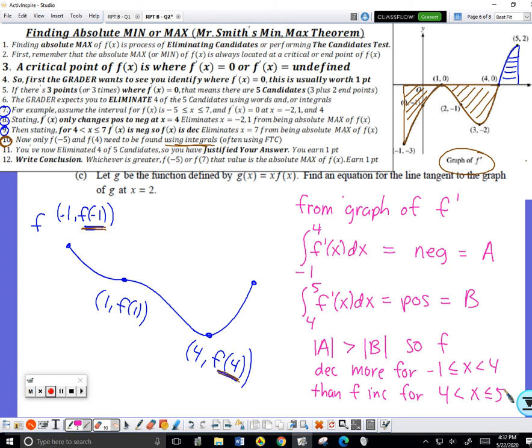And need a new page here. Erase this. Well, we can use this in our discussion. So f goes down more from x equal -1 until x equals 4, then f goes up here.